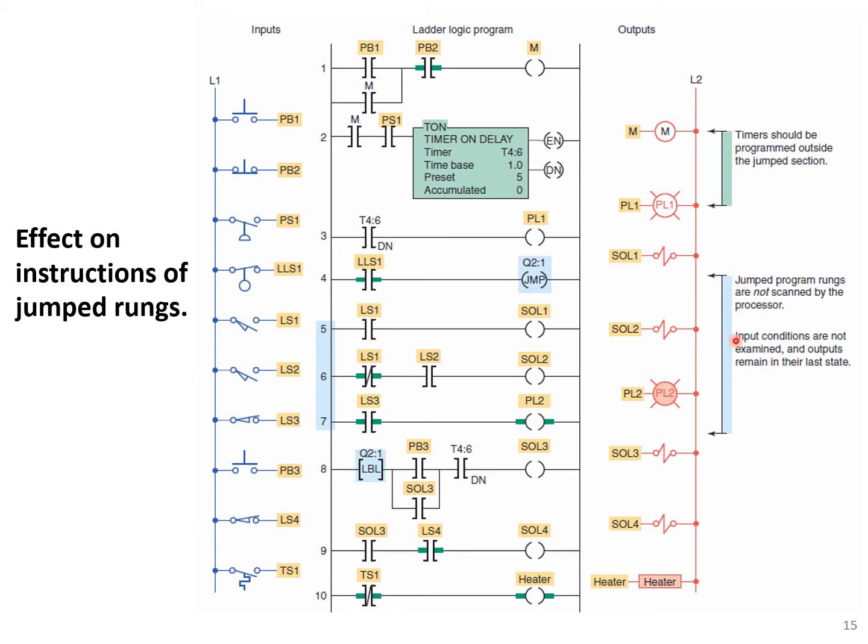The inputs inside, like this limit switch, won't be scanned, so it doesn't care about the state of the input, and it doesn't update the state of them. They remain in the last state.